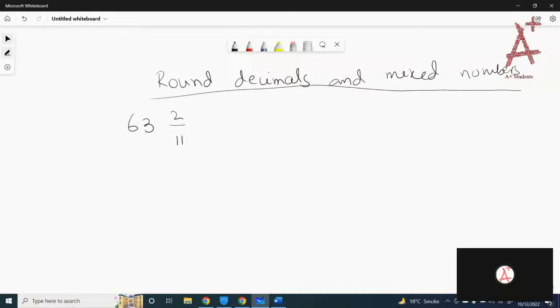Got it? So to round a mixed number to the nearest whole number, just look at the fractional part. If the fraction is less than half, round down. If the fraction is greater than or equal to half, round up. You can note down this very important point. To round a mixed number, look at the fractional part.